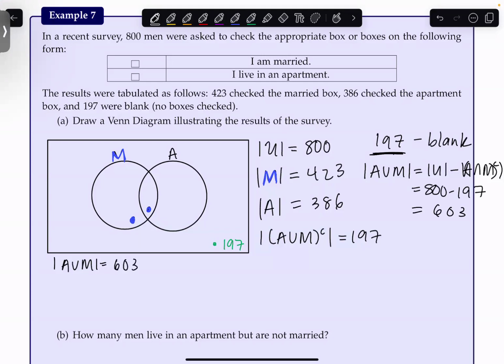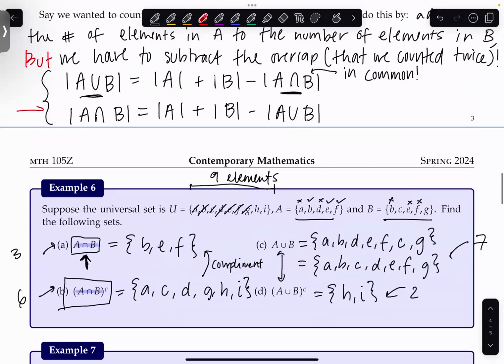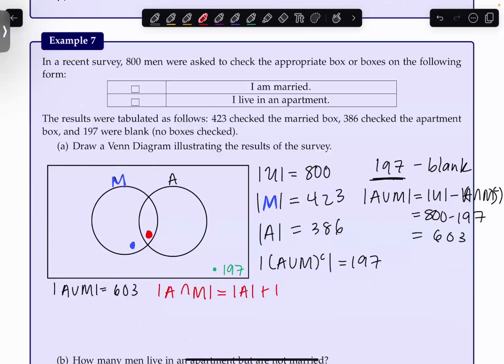I know the size of A, I know the size of M. And so the piece of information that's missing that's going to be the most helpful is this region here, which is our intersection. So the "and", in A and M at the same time, the overlap. And I know how to count this through the calculations I did just earlier. I'm going to take the set A, count it, add it to the number of elements in B, and subtract the number of elements in the union, and I have all of this information.